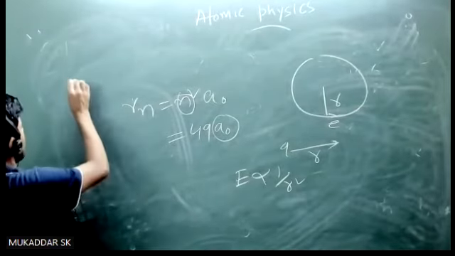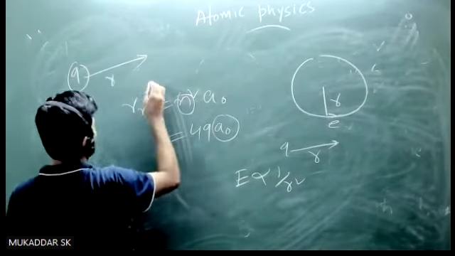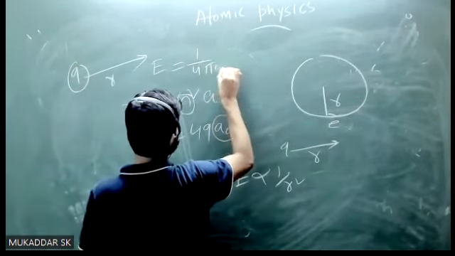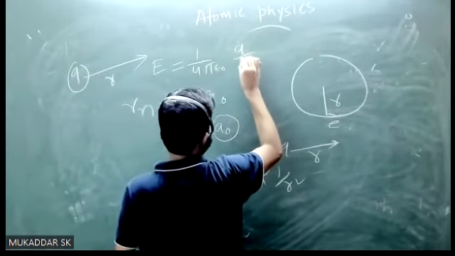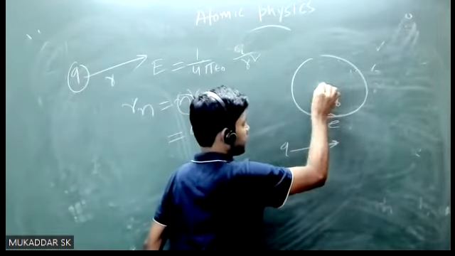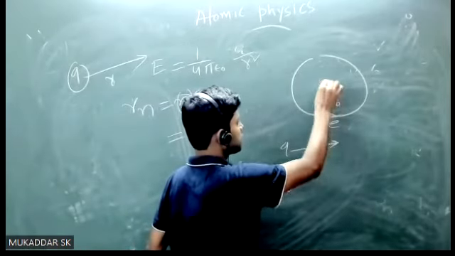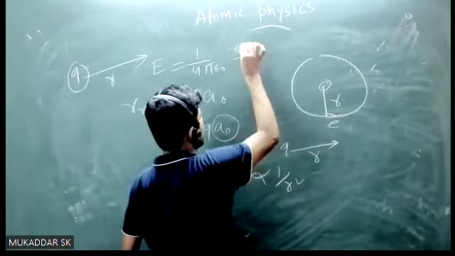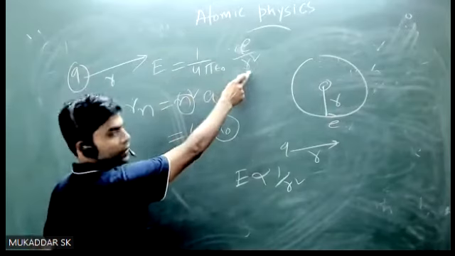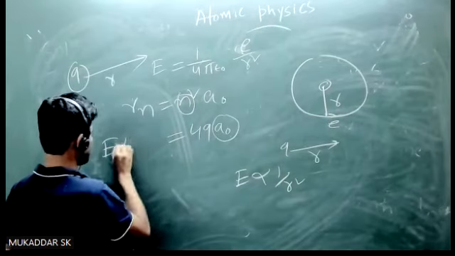When a charged particle is at r distance away, the electric field is simply 1 by 4 pi epsilon naught, q by r square. Is it not? Here, since we are discussing at the center, the distance from the charge, the electron, is r. Now you can easily calculate, because you already know that r is proportional to n square, so E should be proportional to 1 by how much?